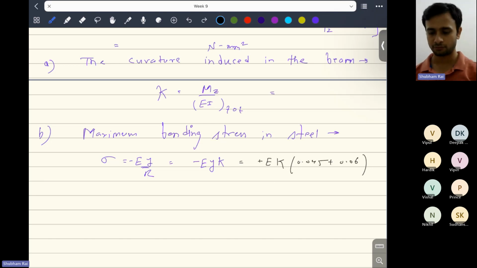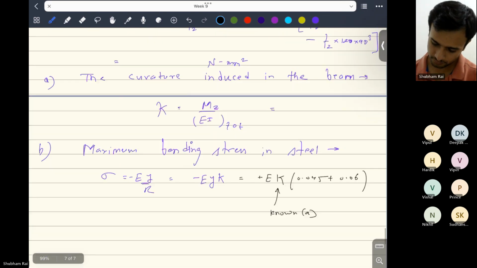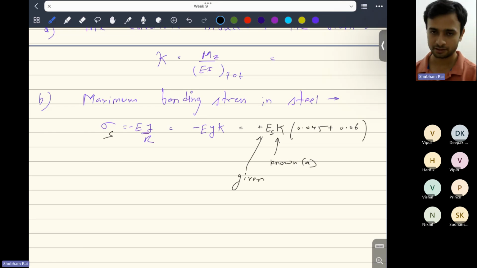You have to be consistent in units. You found out kappa in part A, right? And this is already known to you, which is let's say steel. This is given in the question. So you can easily find it out.